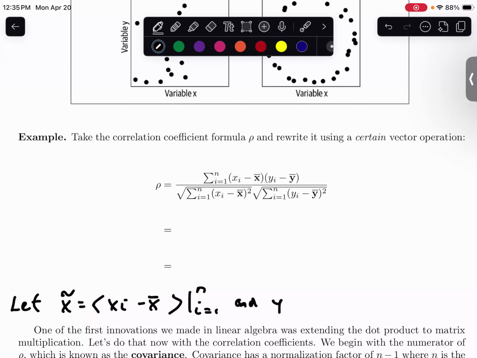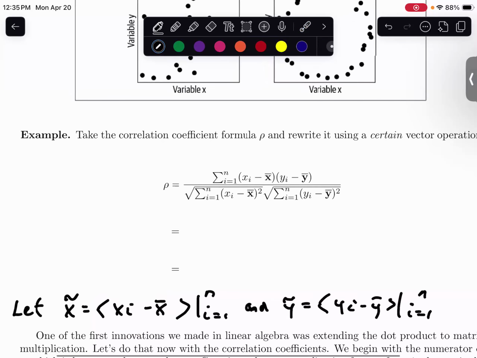So I'm going to let y tilde be equal to y_i minus y bar, where i is going from 1 to n. And so we can really think about this in the following way, right? We can rewrite what I have written here.